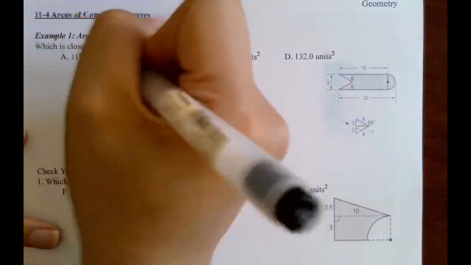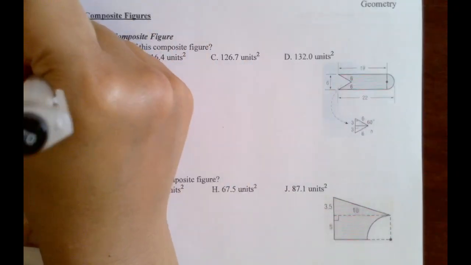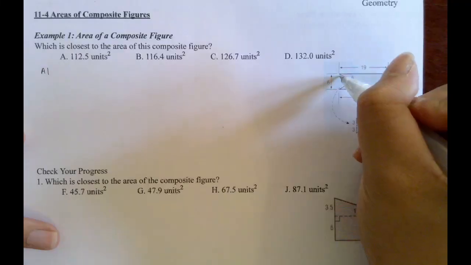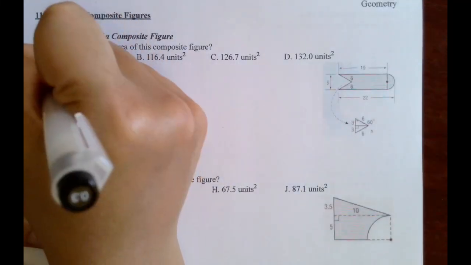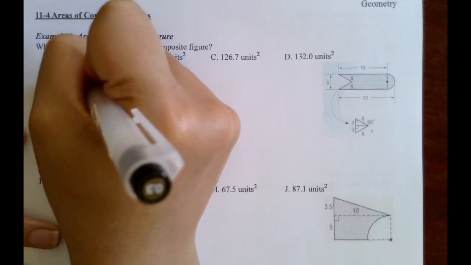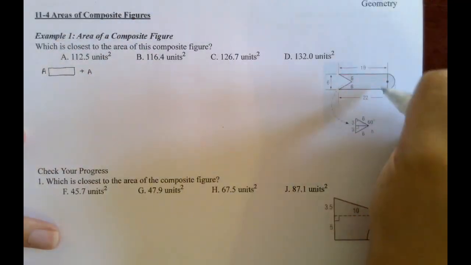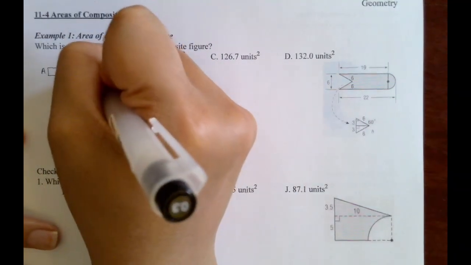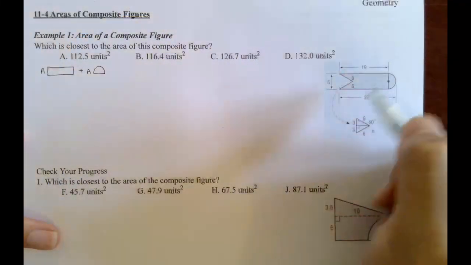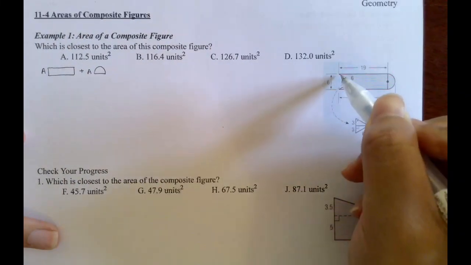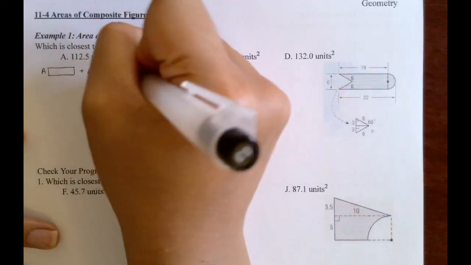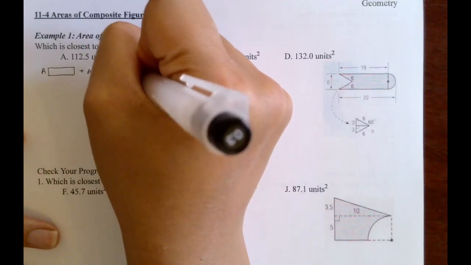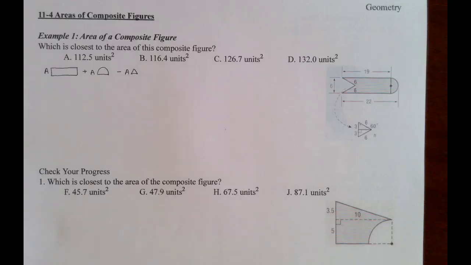So to find the area of this, we can find the area of this, which is almost like a rectangle, and the area of this semicircle, half of our circle. Note though that we didn't do the whole rectangle. We're taking out this small part here, which is similar to a triangle, and we can subtract the area of that triangle. Okay.